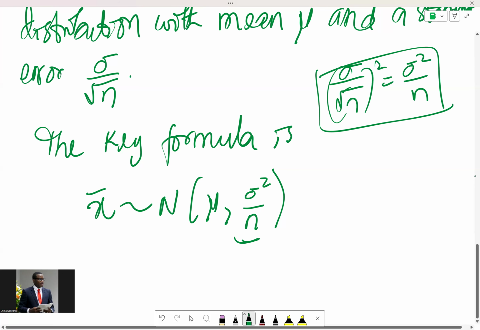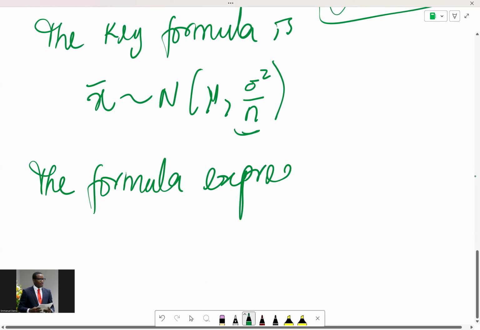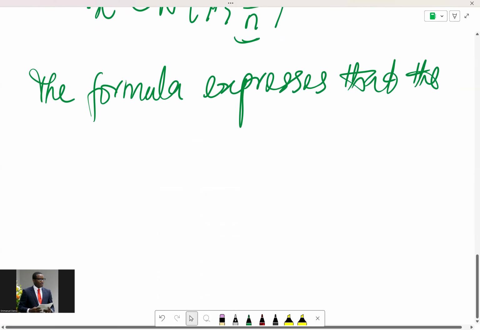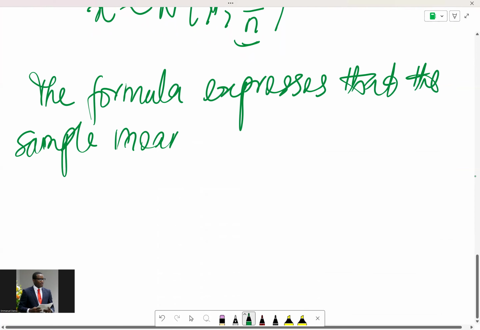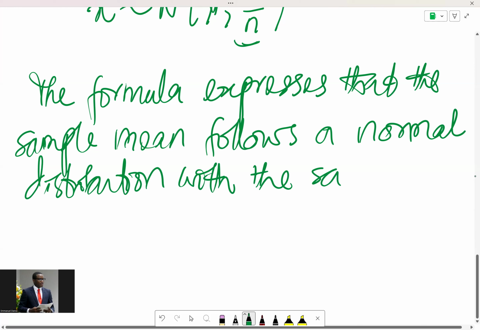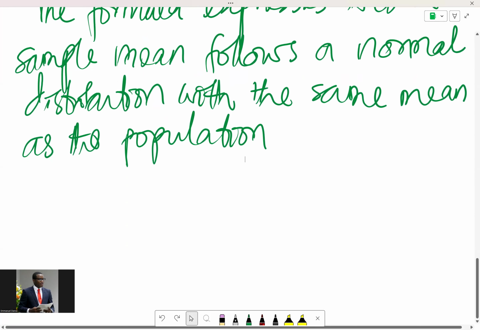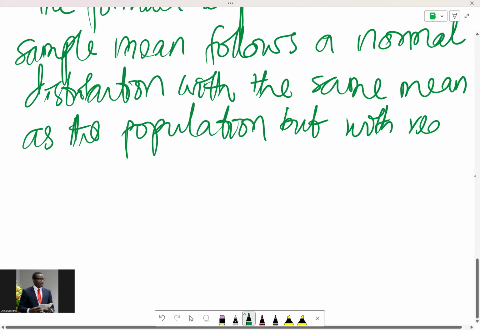So the formula expresses that the sample mean follows a normal distribution with the same mean as the population mean, but with reduced variance.